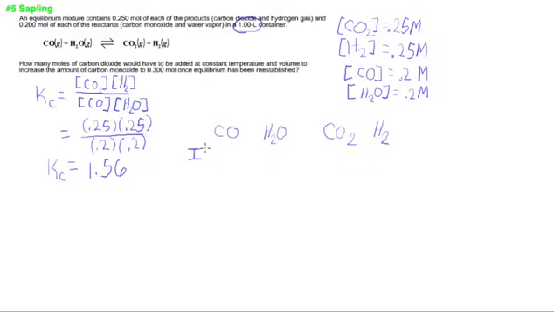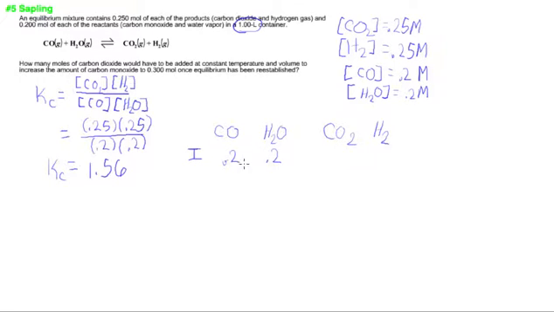So I'm initially starting with 0.2, 0.2, okay, got that because basically I'm adding carbon dioxide at equilibrium.